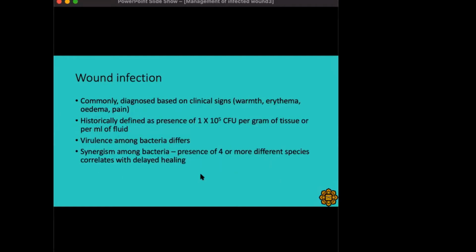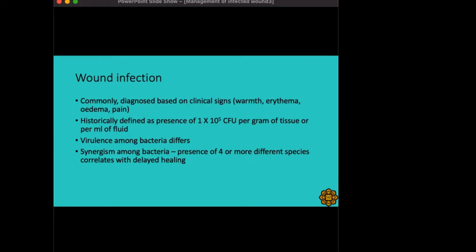Okay, so how do you diagnose wound infection? You can go by clinical signs. The common signs are warmth, erythema, edema, and pain sometimes. Or historically, it is defined microscopically as 10 to the power of 5 colony forming units per gram of tissue or per ml of fluid.